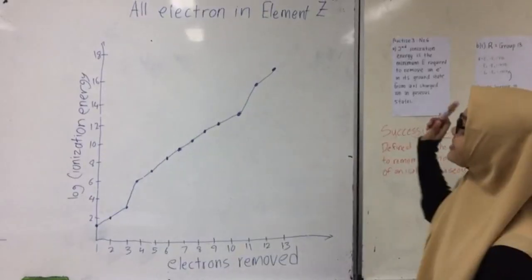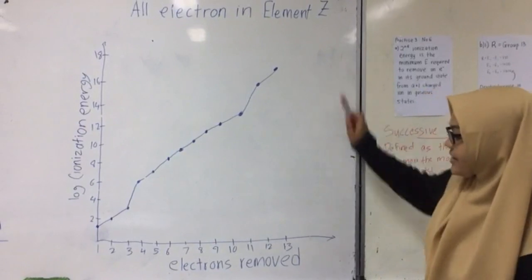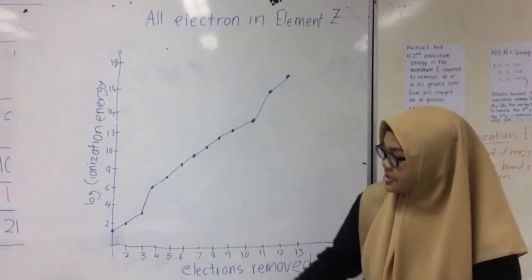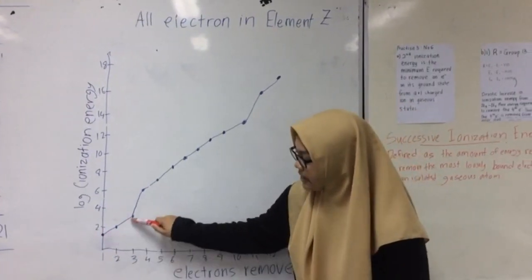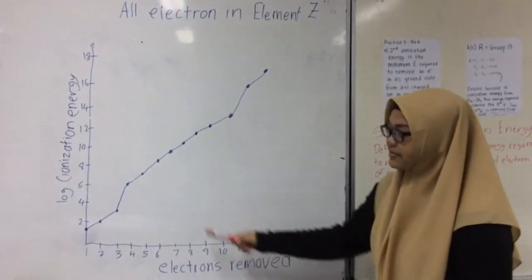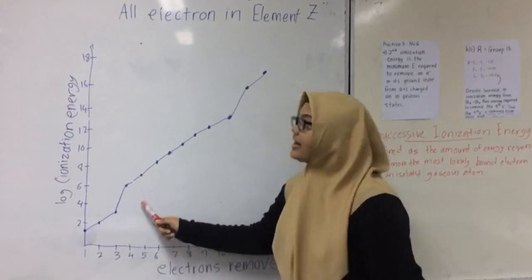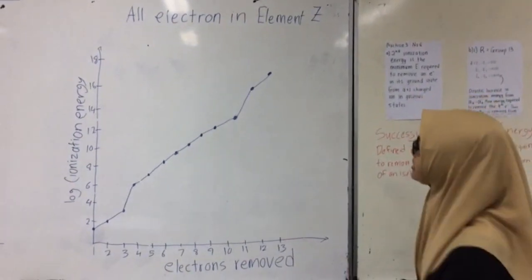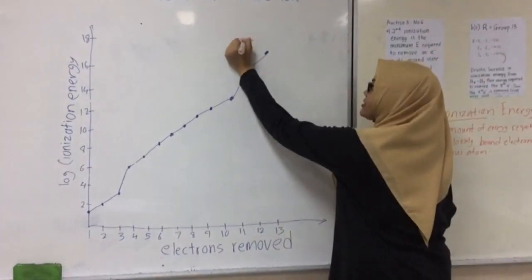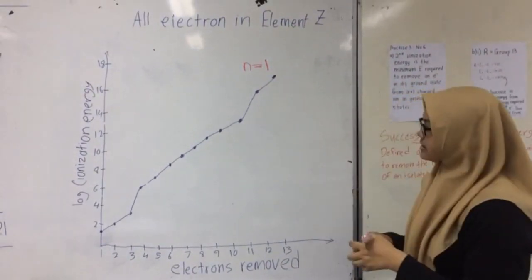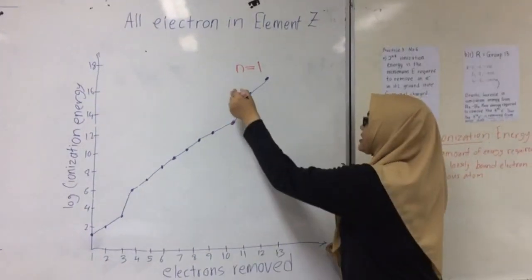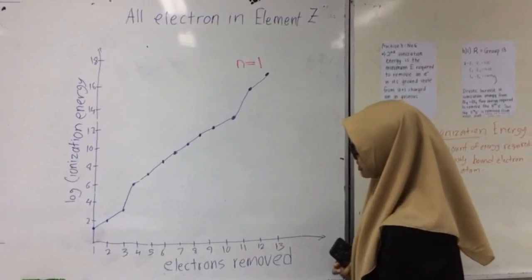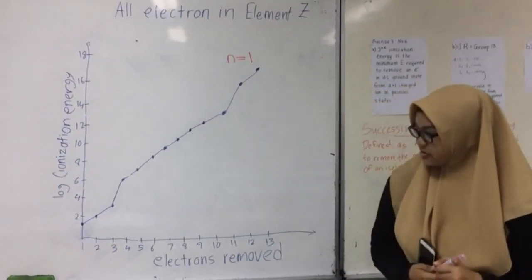Okay, from the graph, we want to find the valence electrons of element Z. First, we look at the first ionization energy. The first ionization energy is from the outer shell, and the last ionization energy is from the inner shell. So, n equals 1. We can see a drastic change in the ionization energy curve.